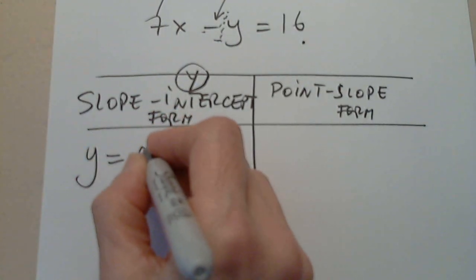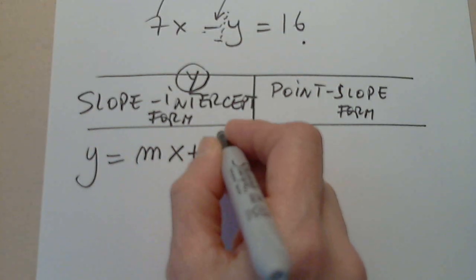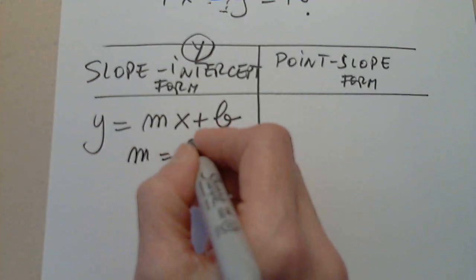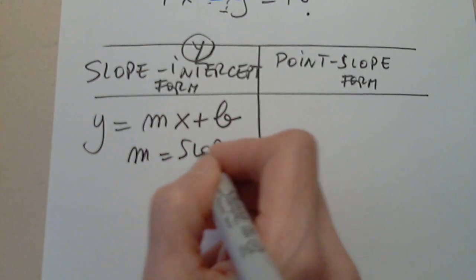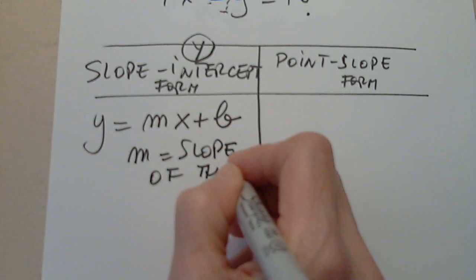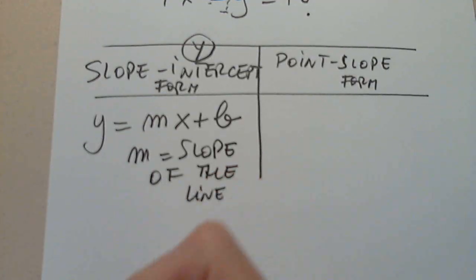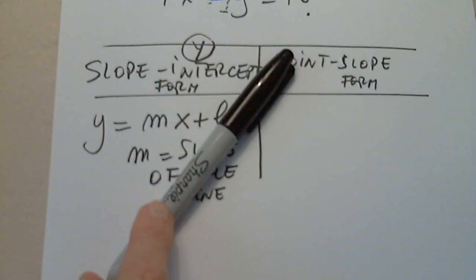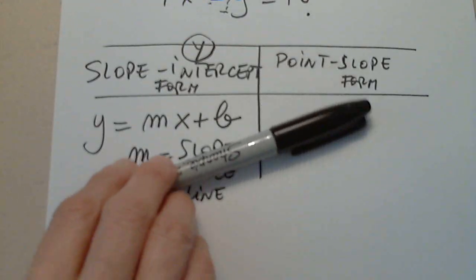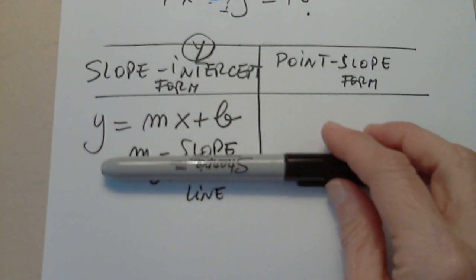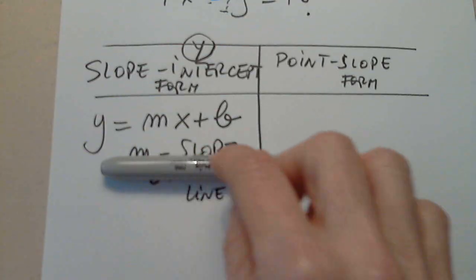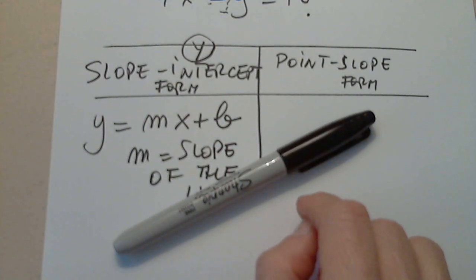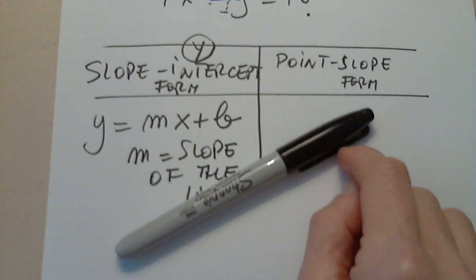Y equals mx plus b, where m is the slope of the line. What is m? It's the steepness of the line. So I can definitely walk on this line because the slope is 0. Here I can, it's not too difficult.